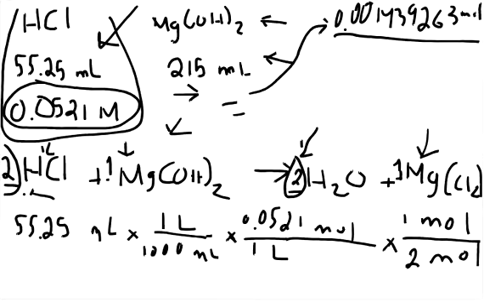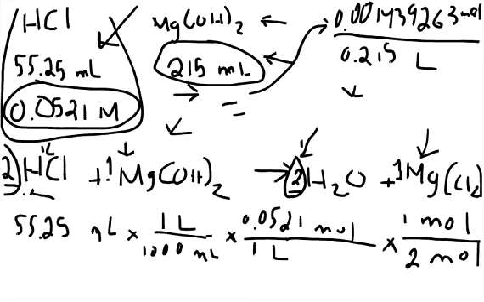Now we're trying to find concentration, which is molarity, moles over liters. So we can finally use what they gave us for magnesium hydroxide. The only problem is that molarity is with liters, not milliliters, so we turn this into 0.215 liters. Now we can calculate our answer.